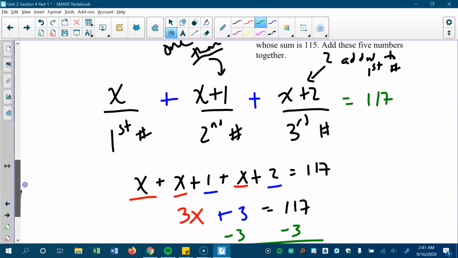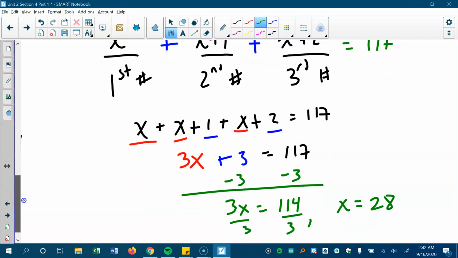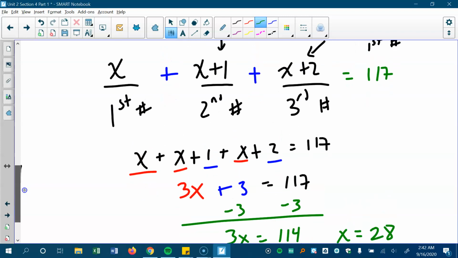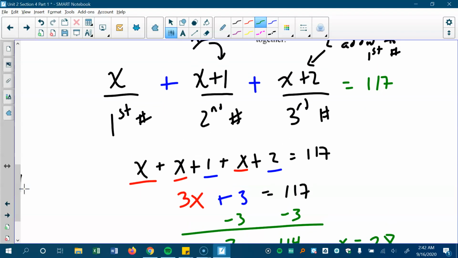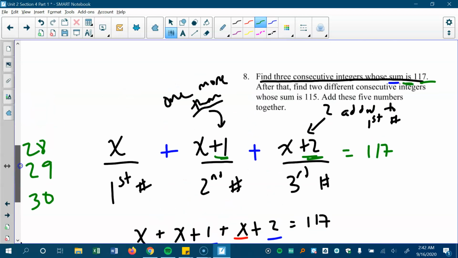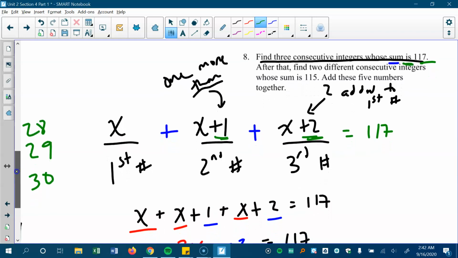I think it's 28. Which means my first number is 28. My second number is going to be 1 more than that, so it's going to be 29. My third number is going to be 2 more than the original, which is going to be 30. And if I add all these up, I should get 117.